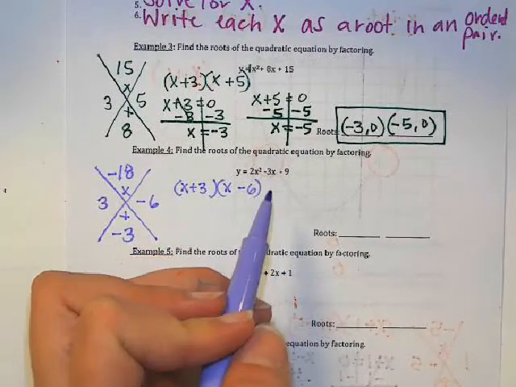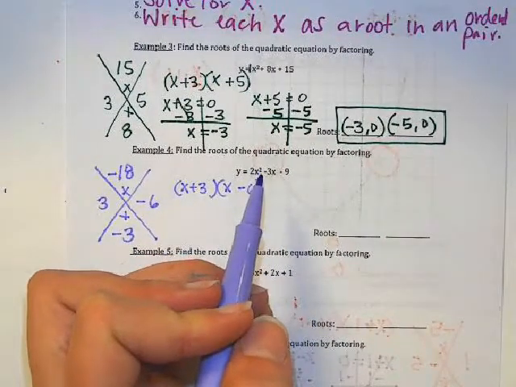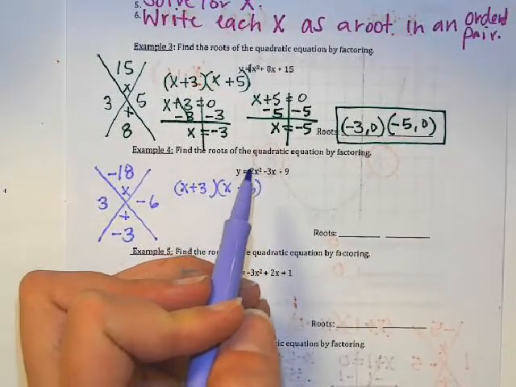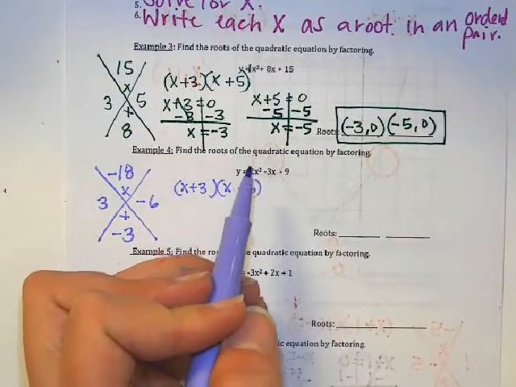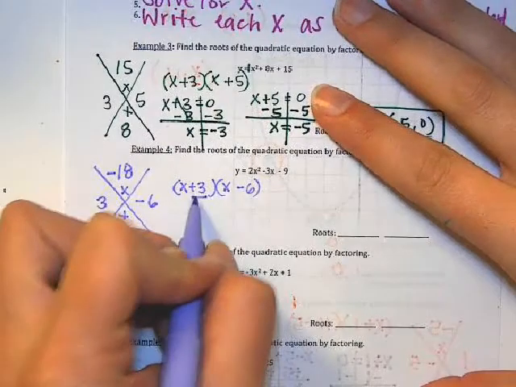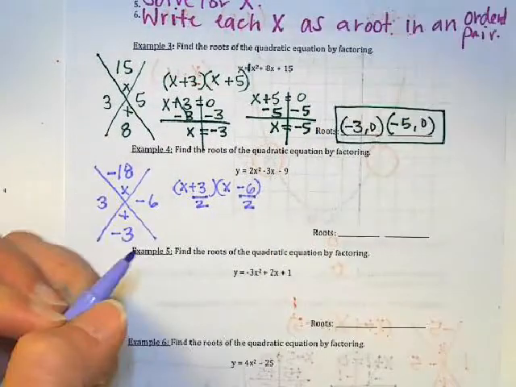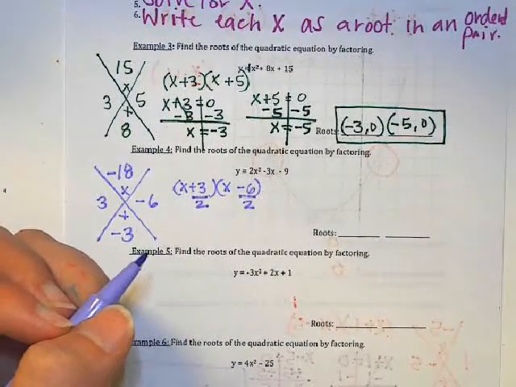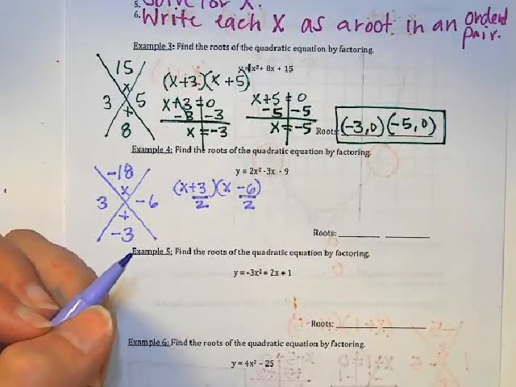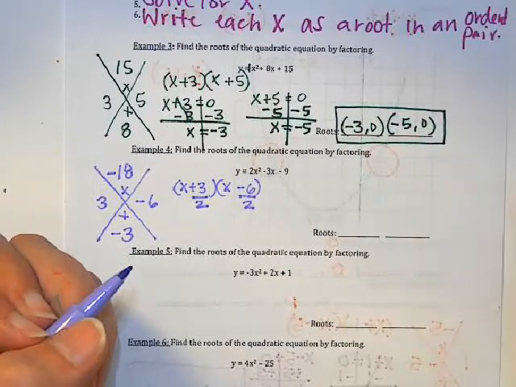Okay, look right here. This is the most important part that everybody forgets. You've got a number here that's not 1, so what do I need to do with this 2? Divide each number. So 3 divided by 2 and -6 divided by 2. If I divide 3 by 2, do I get a whole number?